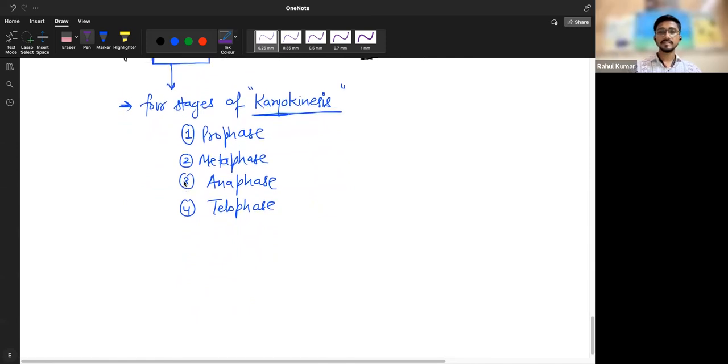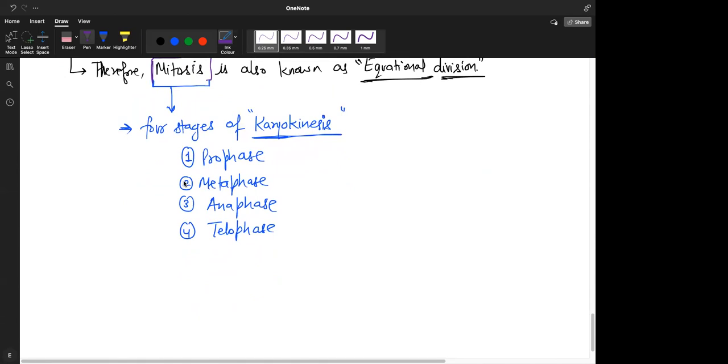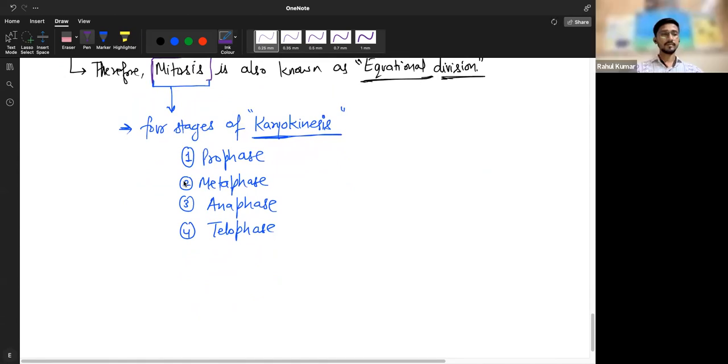Now, anyone of you has NCERT with you right now? Can anyone confirm whether your syllabus also has sub stages? Because prophase also has its sub stages in mitosis. So I think it's not in mitosis, right? Just check in the book and let me know.